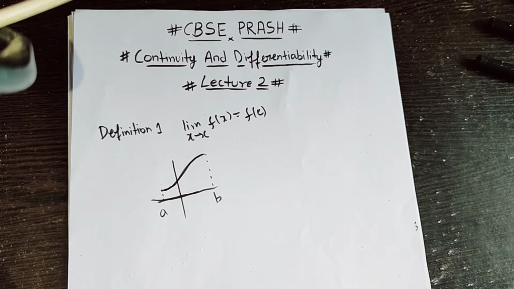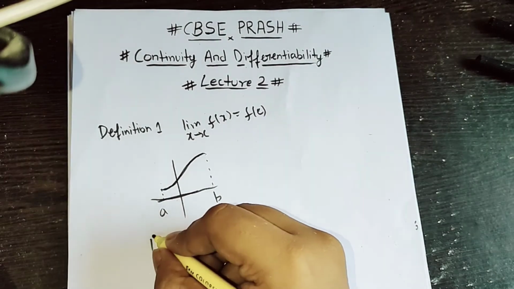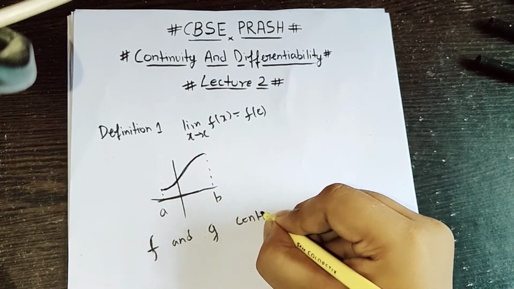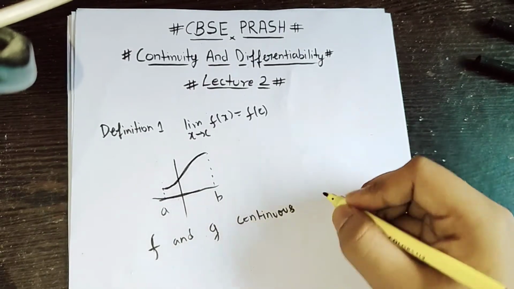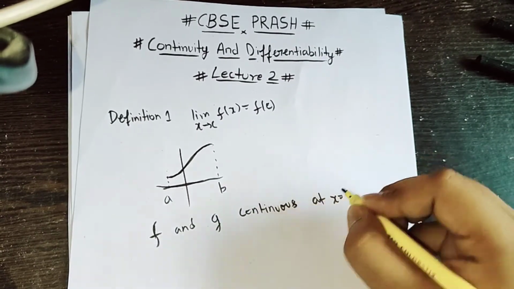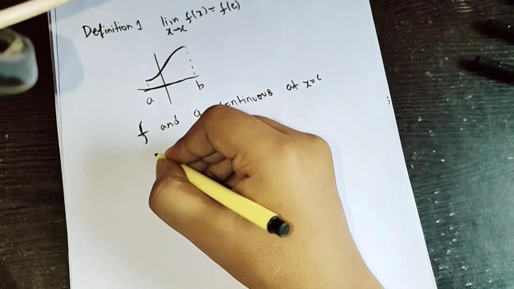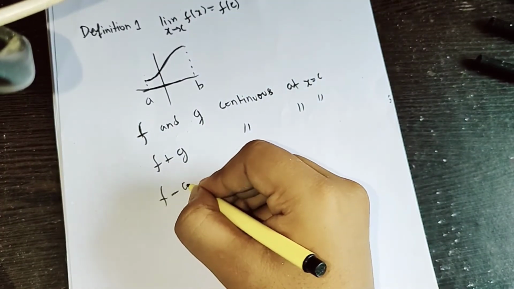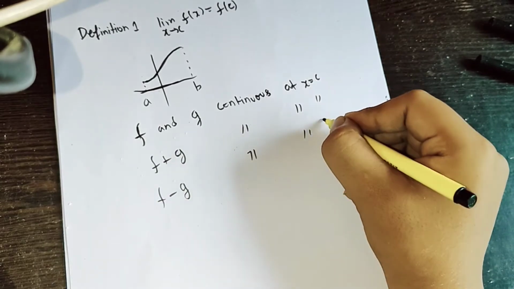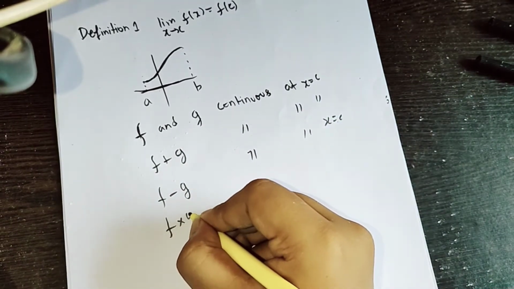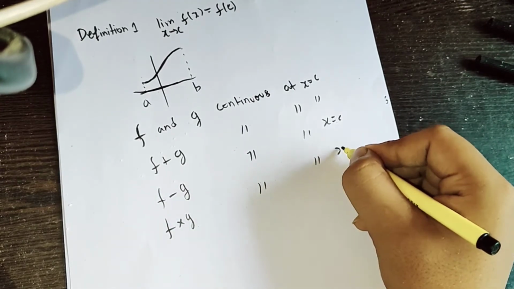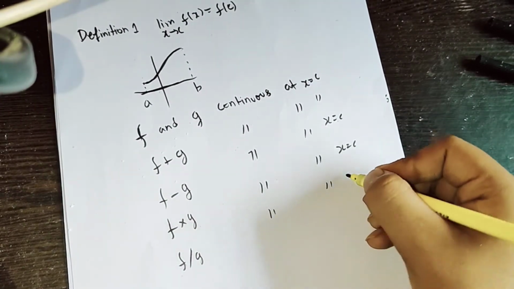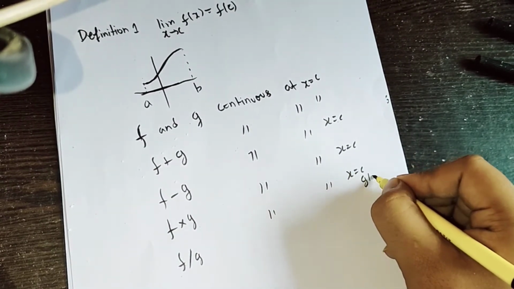Theorem 1 was that if f and g are continuous at x equals c, then f plus g is also continuous at x equals c, f minus g is also continuous at x equals c, f into g is also continuous at x equals c, and finally f divided by g or g divided by f is also continuous at x equals c, provided g(x) is not equal to 0.